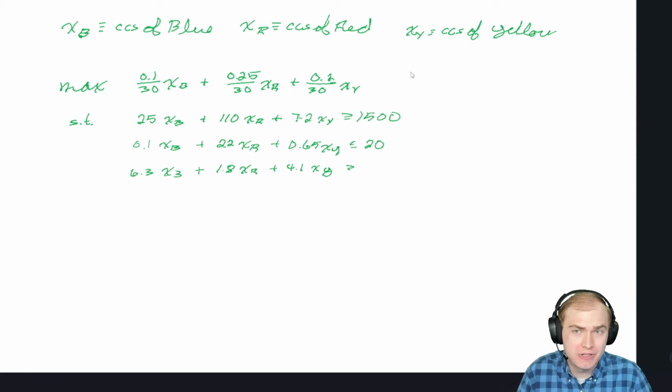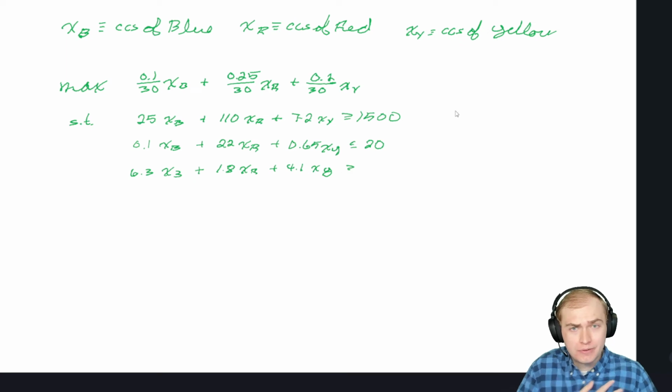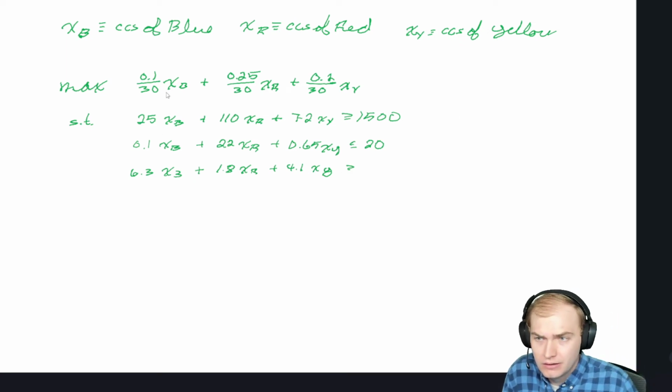So my first question is always, what are the variables going to be? What do my people want to know? And then you can either say, what's the objective, or what are the constraints? I usually start with an objective, but once you have the variables, you can do either one.